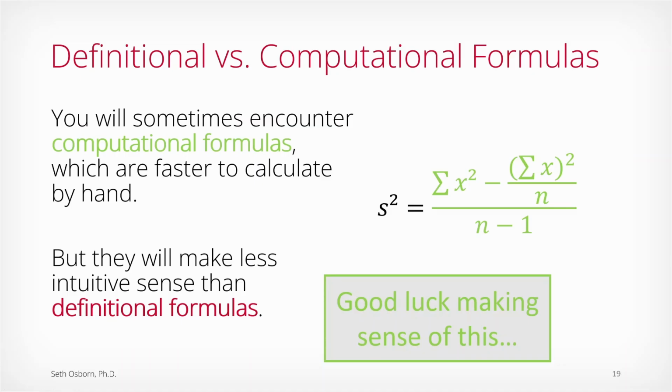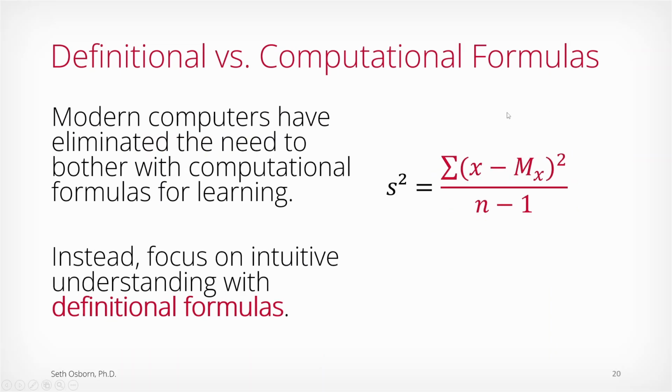We call them computational because they are faster to compute manually, but they're going to make less sense intuitively than a definitional formula will. So here we have a definitional formula, which means it may be less efficient, but you could explain what the concept is by walking through these operations.